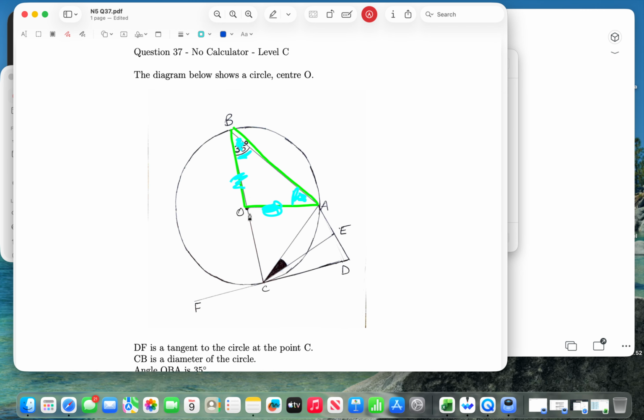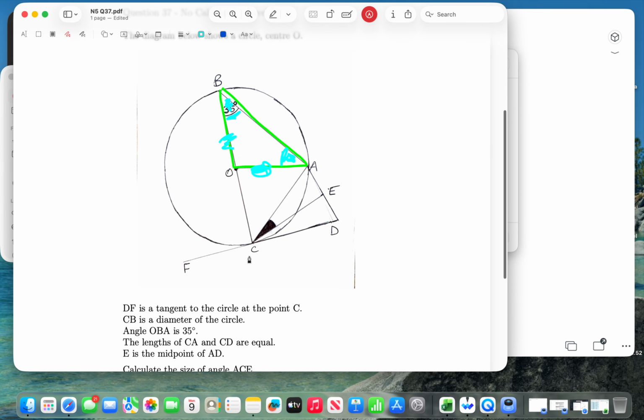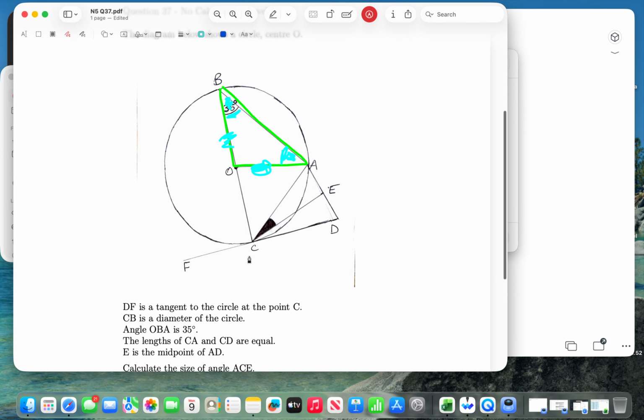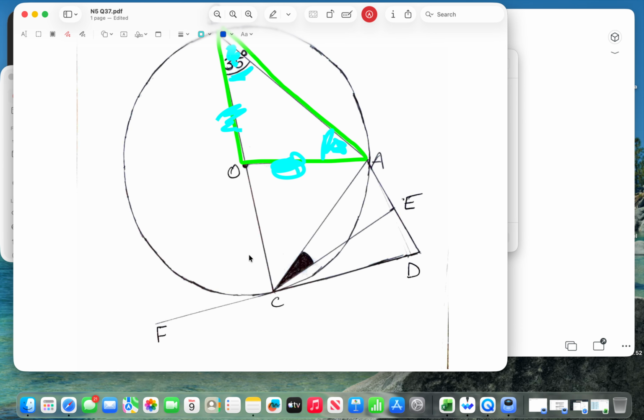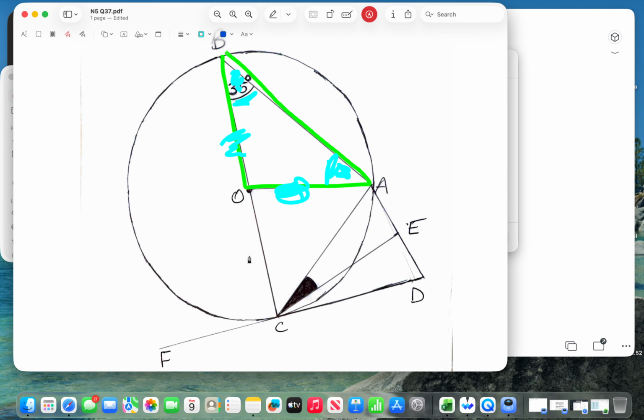We know that O is the centre of the circle and B and A lie on the circumference. So those two sides must be the radius of the circle, and if they're the radius, they must be the same length.